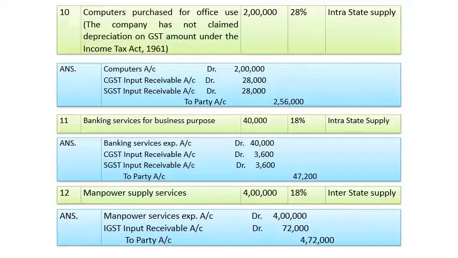You have to record the total value 47,200, as it is for a personal purpose, so we will not record it in the business. But if payment is done through the business, then we will write it down in the business, but credit is not available.